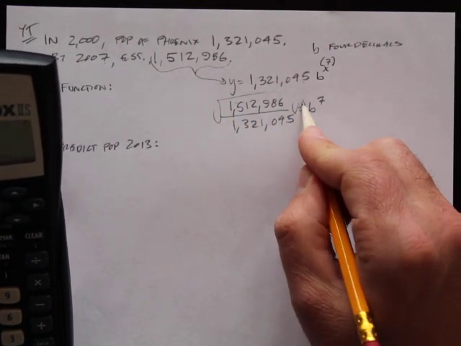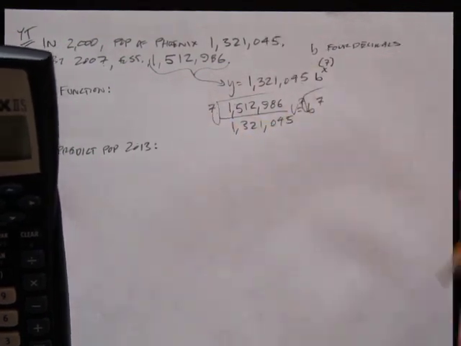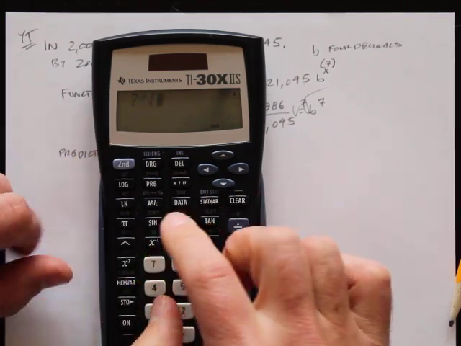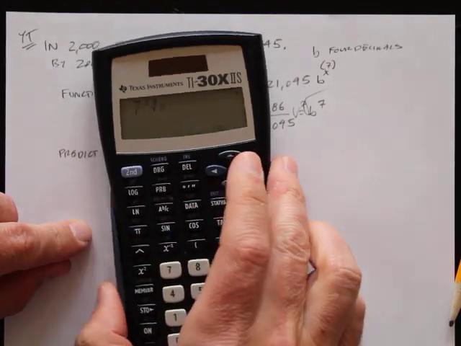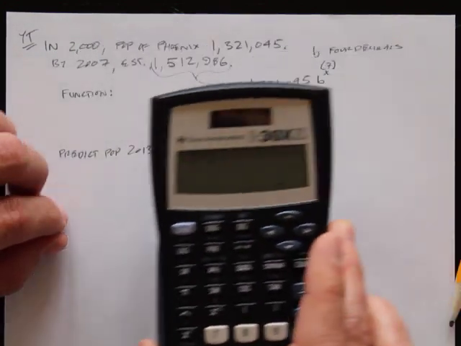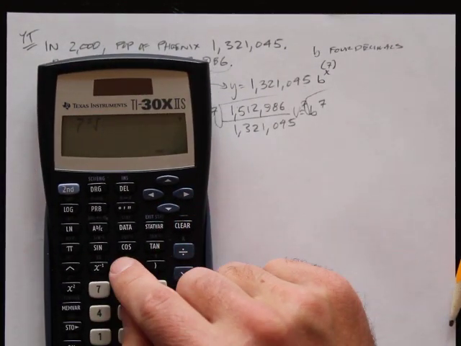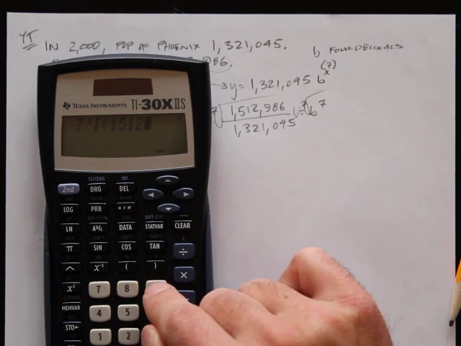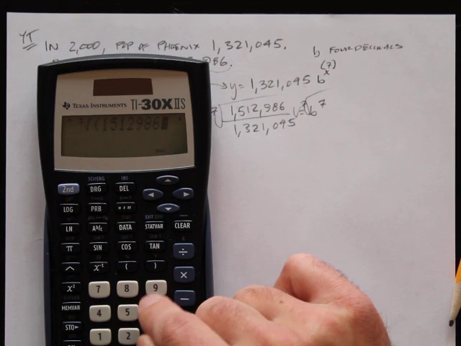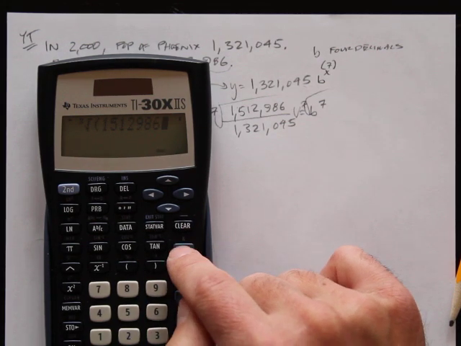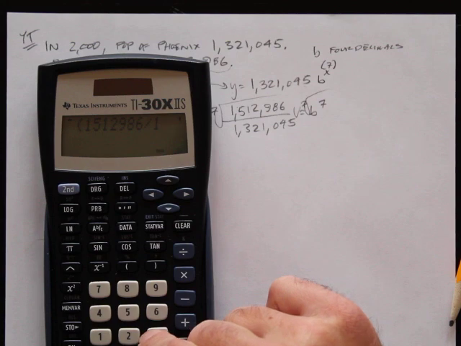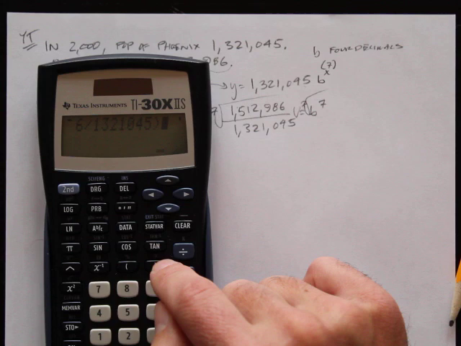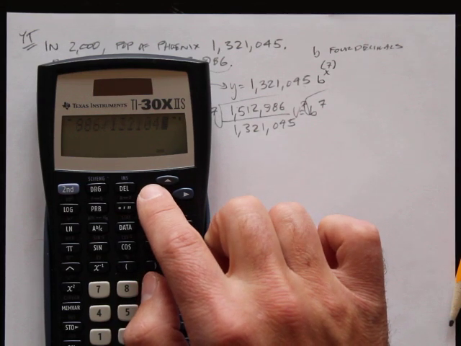On my calculator, I'm going to type 7, and then second, and then this little x guy with the radical, and then in parentheses 1512986 divided by 1321045, end parentheses. See if I typed all that in right.